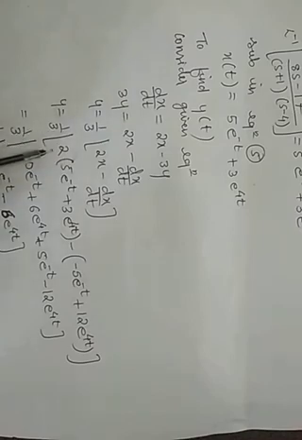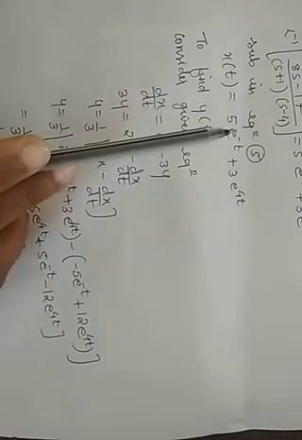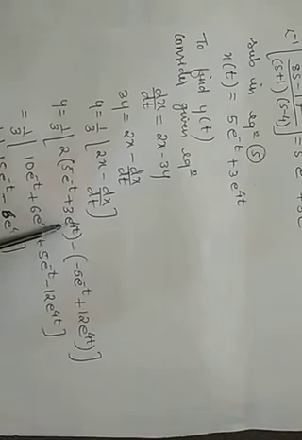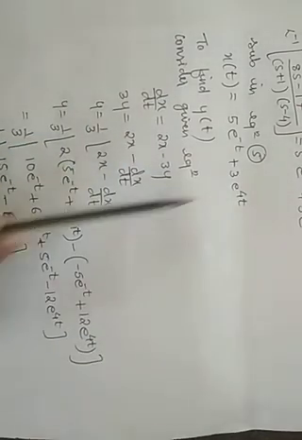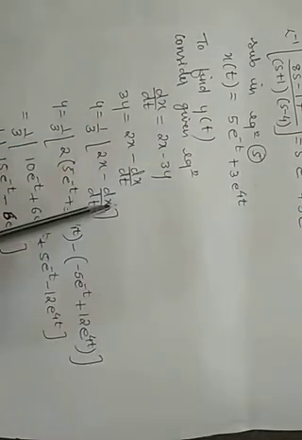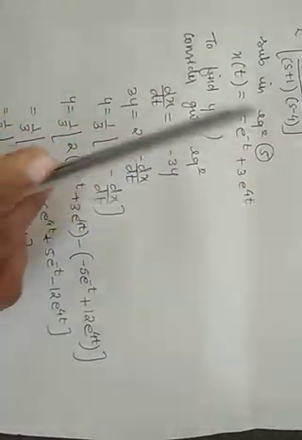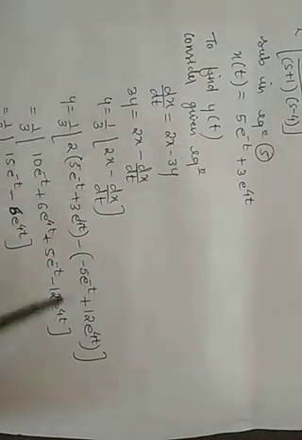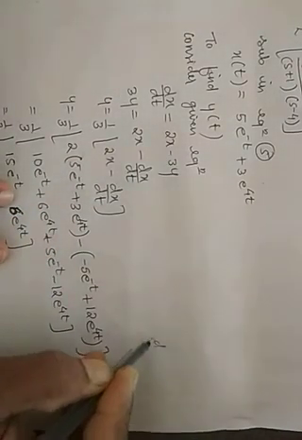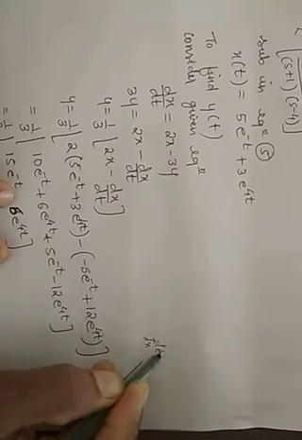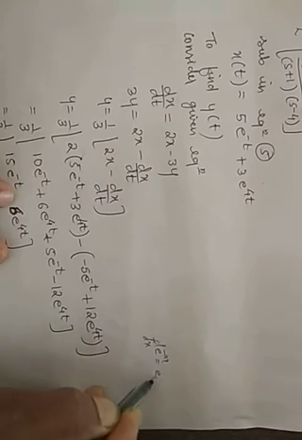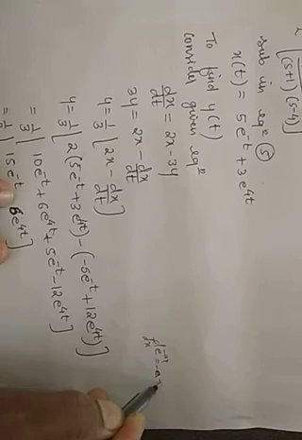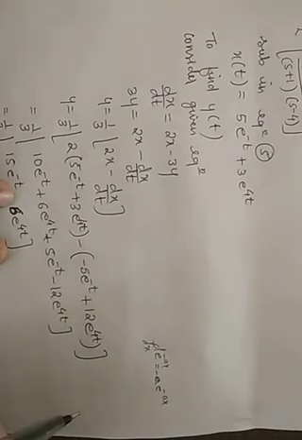Bringing this 3 down, it will become 1 by 3 into (2x minus dx by dt). 1 by 3 as it is, 2 into, what is x? 5 e raised to minus t plus 3 e raised to 4t. Minus, I want dx by dt, means I have to differentiate x of t. 5 as it is, derivative of e raised to minus t: we know that differentiation of e raised to minus ax will become minus a into e raised to minus ax, right?